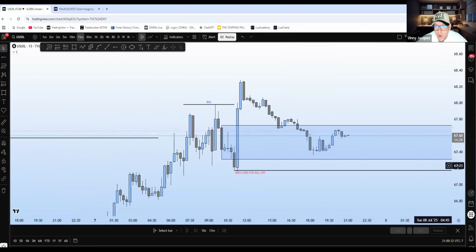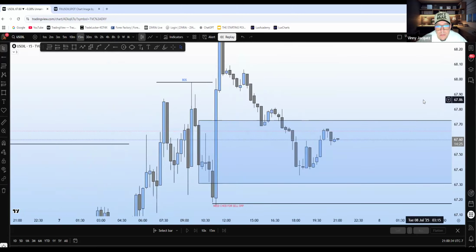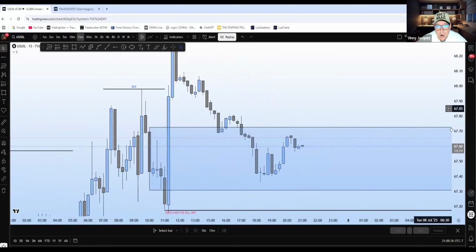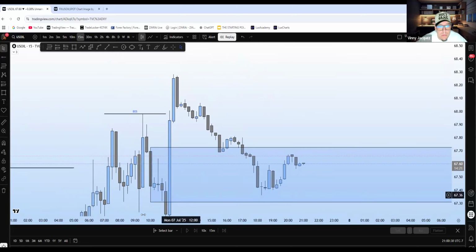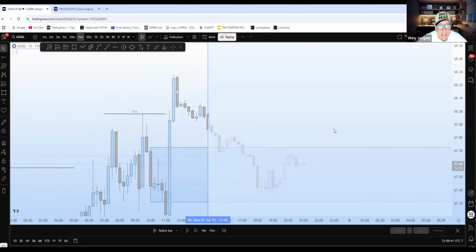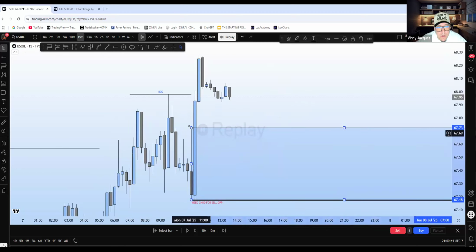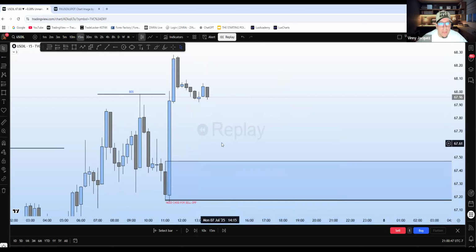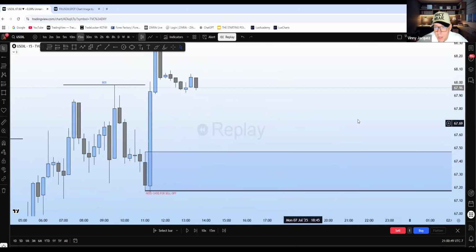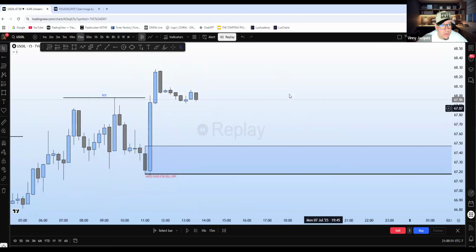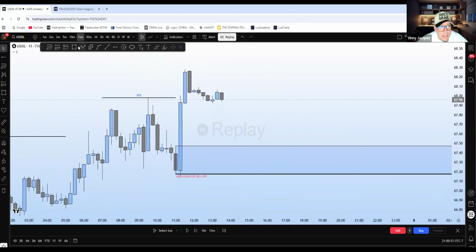Now, if we want some extra confirmation, as the market is dropping down to my zone, we'll put the market right here for this time frame. We're on the 15-minute. I'm in that buy. Let's go. As the market is dropping down, what should I be doing?